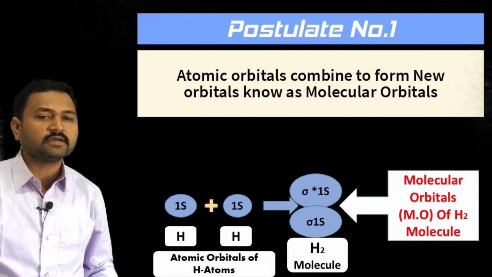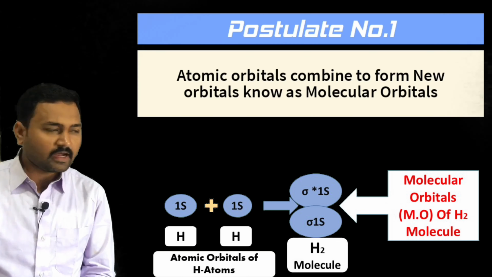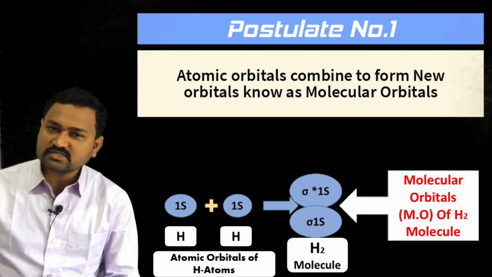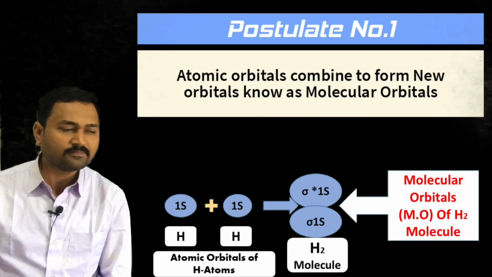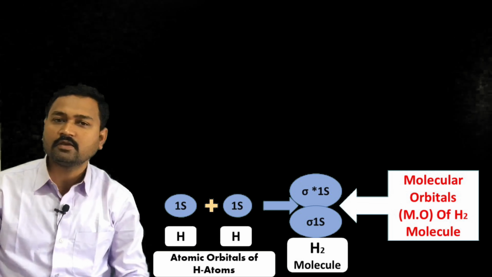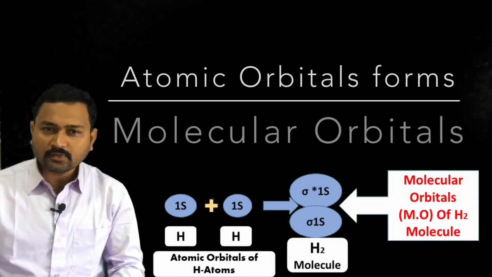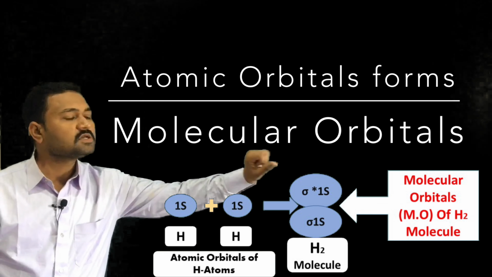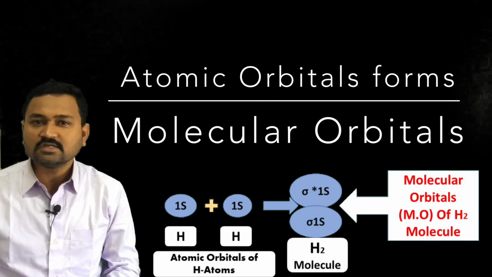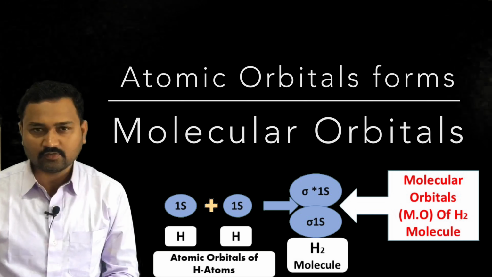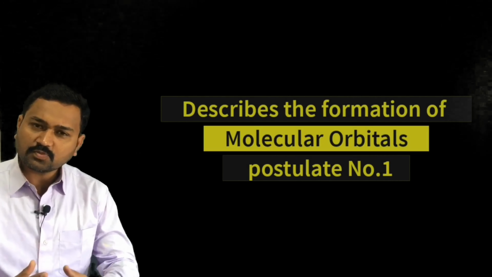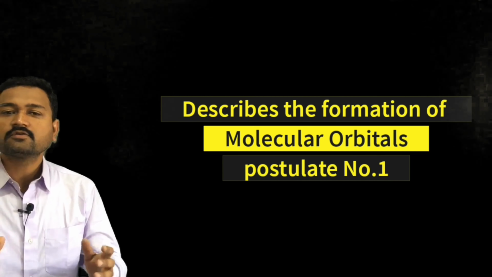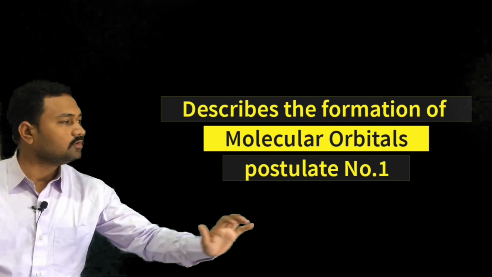You can observe that the 1s atomic orbital of one hydrogen atom overlaps with the 1s atomic orbital of another hydrogen atom and forms the hydrogen molecule. So these two atomic orbitals combine and form the molecular orbitals in the hydrogen molecule. This postulate is related to the formation of molecular orbitals.